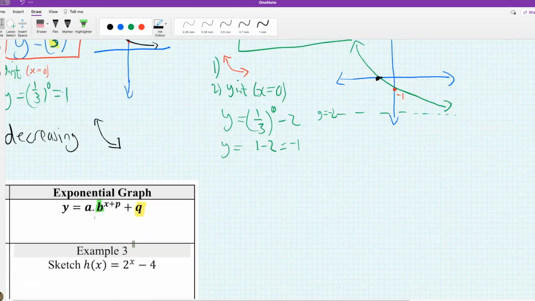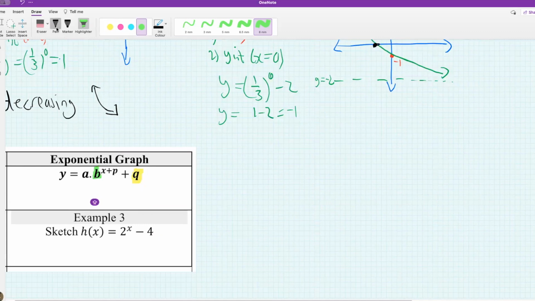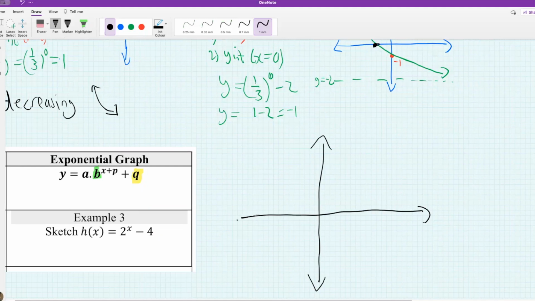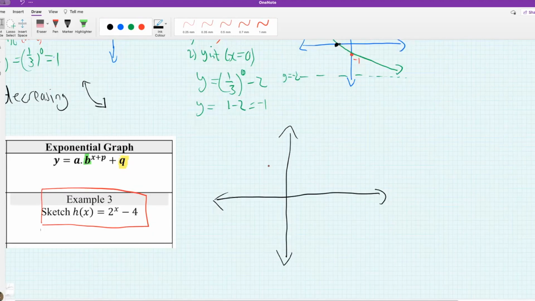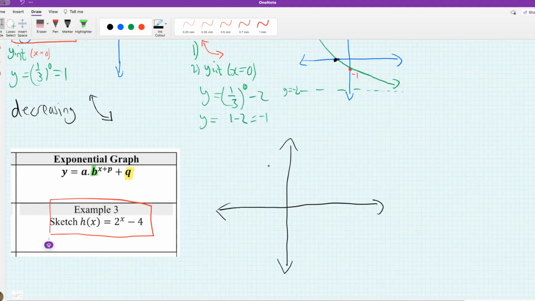So I want you to draw me the following exponential function, which is over here. We'll call it h of x. I want you to draw that for me using whatever you can remember from the first part of today. And if you get stuck, pop your hand up and ask a question. But over to you guys.